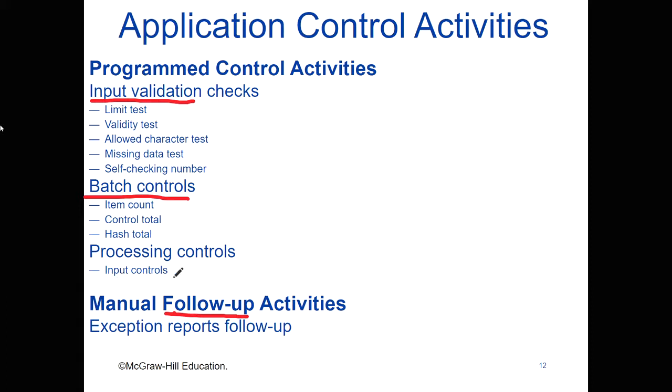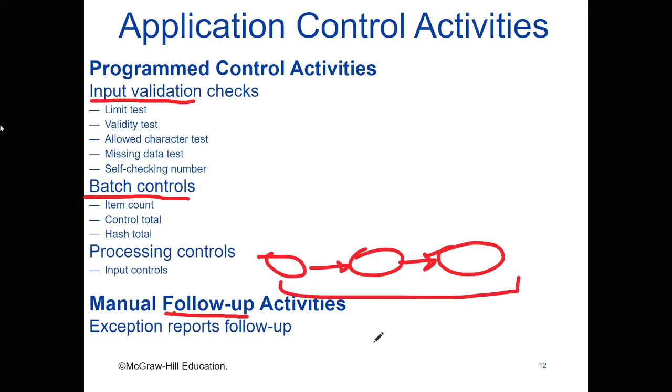So it's input controls to make sure that what we're doing is valid into a batch, and then, if we have a series of batches, that's how I usually think about processing controls: as we're moving through the sequence, we make sure that the input here lines up with the output here, right, and vice versa.